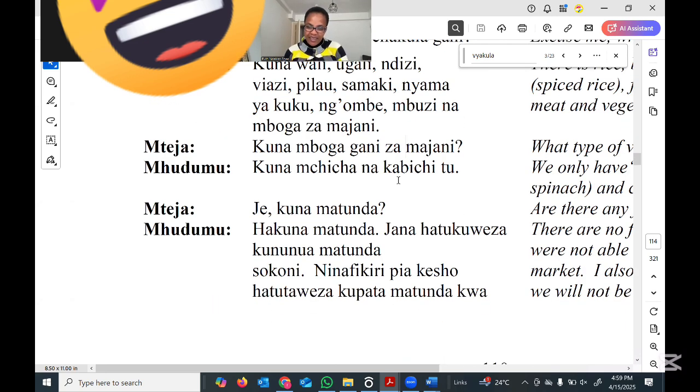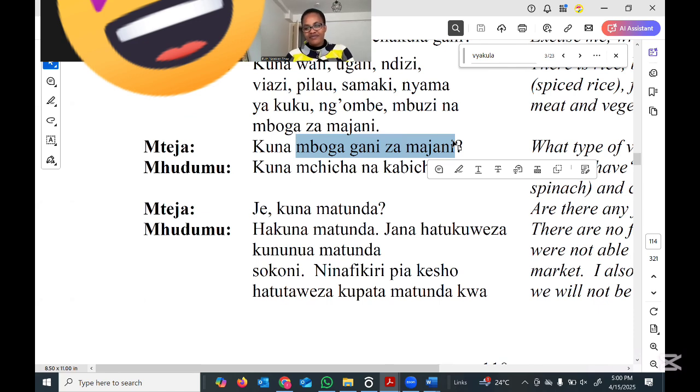Kuna mboga gani za majani? Yeah, so what is mboga za majani? What type of stew or vegetables do you have? Yeah, so it's vegetables, but literally majani, like leaves. So we have different leaves, like Chinese, spinach, mchicha, and so forth.